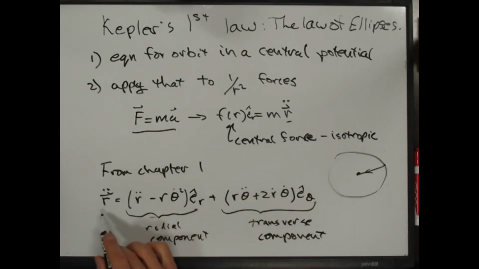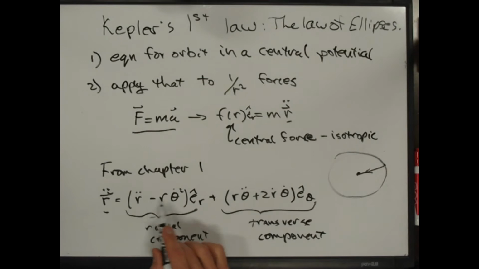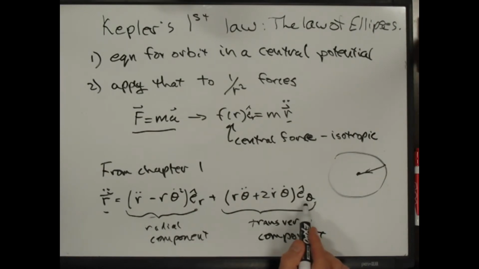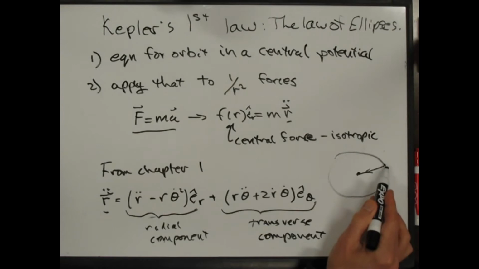If you go back to chapter 1, the acceleration in polar coordinates, and that's how we're going to solve this, had sort of 4 terms, you might say 2 terms, but each had 2 pieces to it. And so there was a radial component, multiplied by e hat r, and a transverse component multiplied by e hat theta. So for central forces, this guy has to be 0, because there's no speeding up or slowing down of this particle.